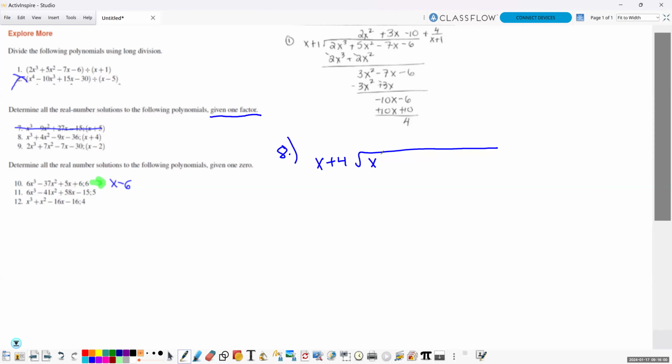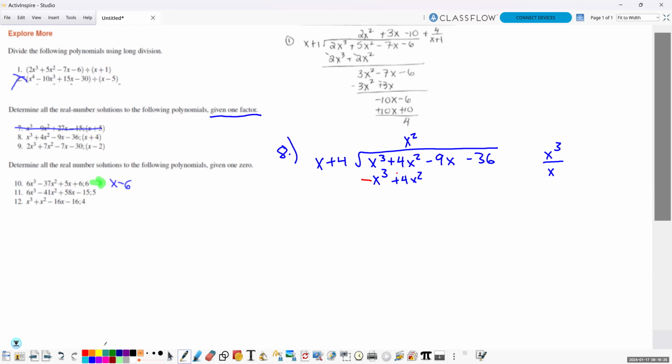So we have x cubed plus 4x squared minus 9x minus 36, and it's a factor. We know it's going to divide evenly. So the first thing we're going to do is have a division thought. Then we're going to multiply back x squared times x squared times 4. I'm going to grab my annotator.